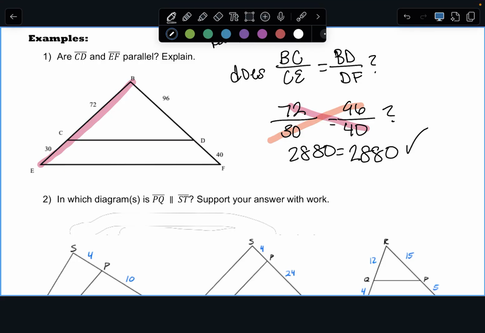So are these two lines parallel? Yeah. We would say, yes, CD is parallel to EF by the theorem that we learned on the previous page, the converse of the triangle proportionality theorem.